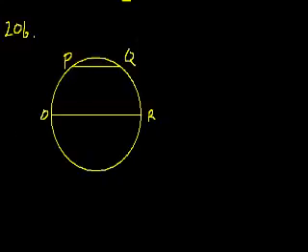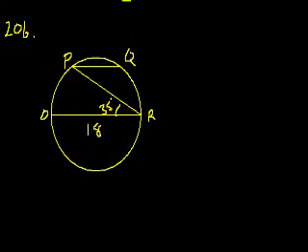They have a line that goes from here to here, and they tell us that this angle right here is 35 degrees. In the circle above, PQ is parallel to diameter OR, and OR has length 18. What is the length of minor arc PQ?